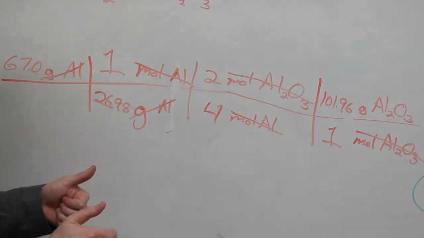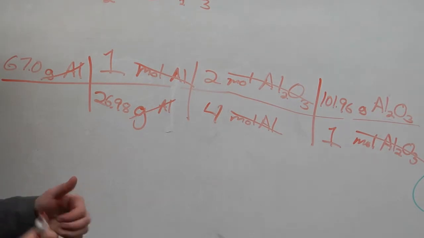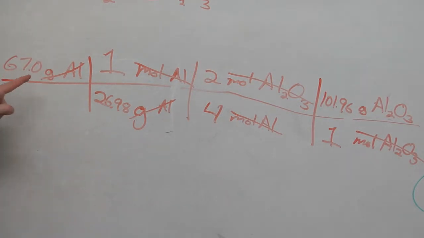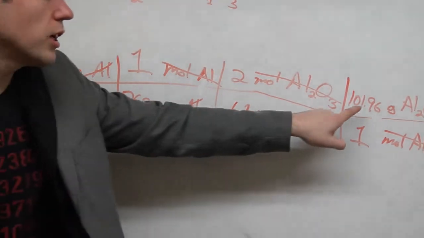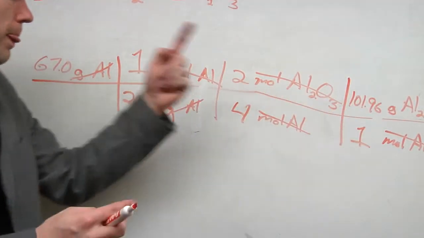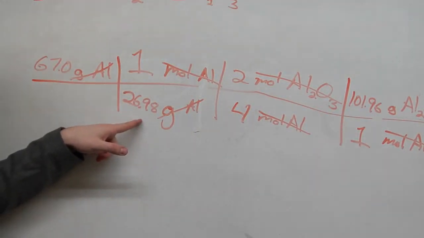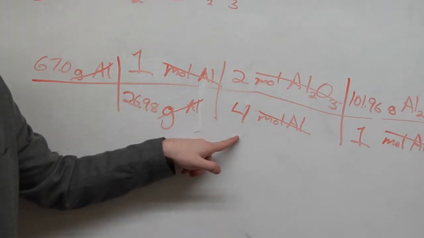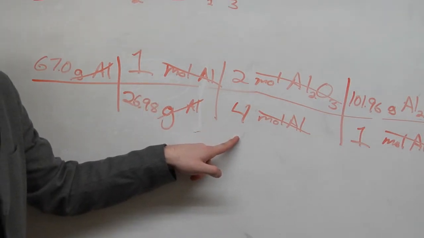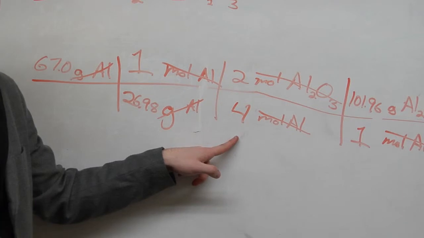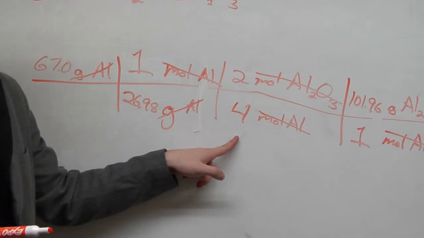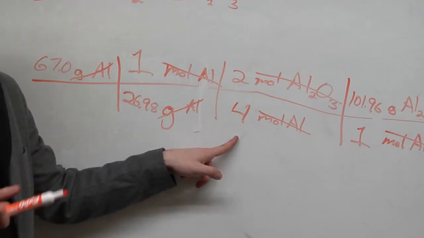That will work. Or you can also start over at the beginning, do 67 times 2 times 101.96 divided by 26.98 divided by 4. I know it's weird to put 2 different division buttons without any parentheses, but on the TI-85s and 84s, it will work.